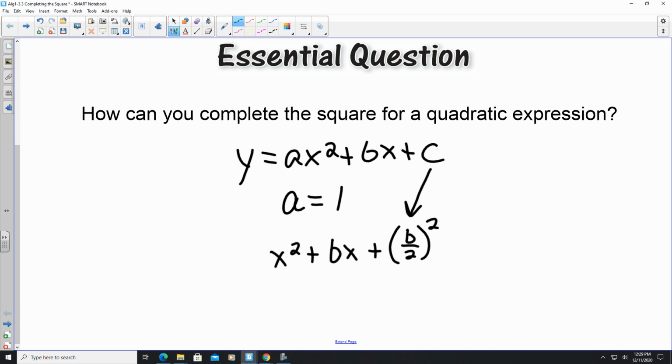Completing the square is where we want to get a perfect square trinomial, and this right here is going to be a perfect square trinomial.